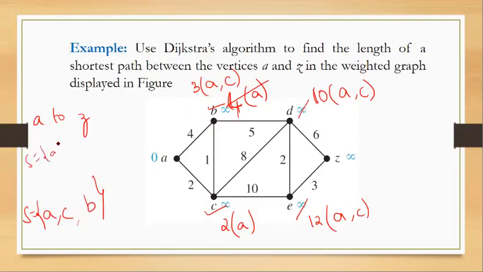Earlier it will be simply A. Next it will be A comma C. In the third step, it will be A comma C comma B.